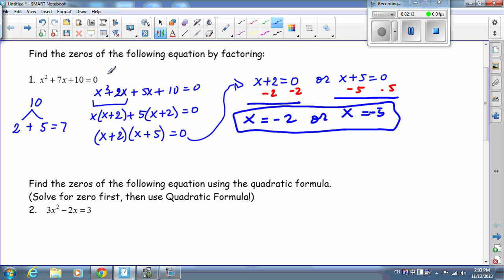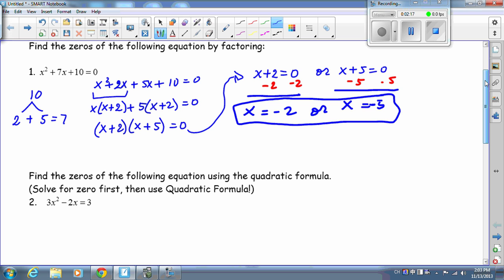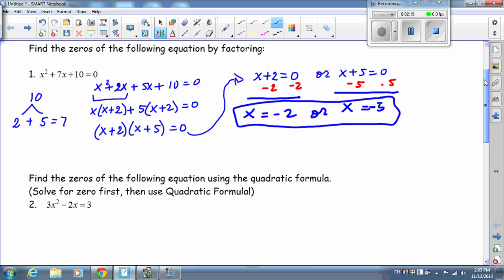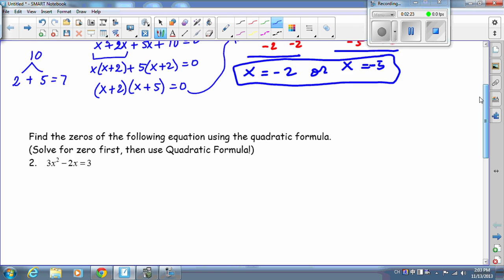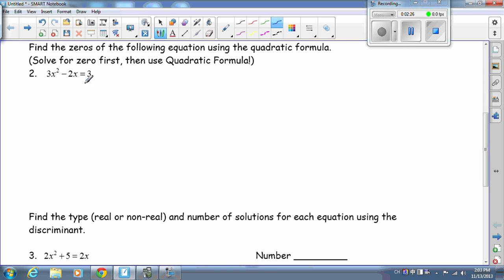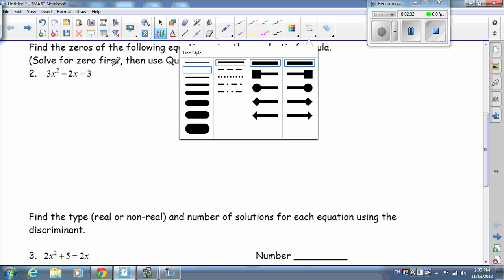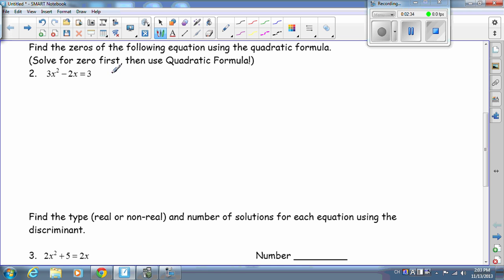Once again, this is solving by factoring. What we learned yesterday, or I should say last Friday, was how to solve using the quadratic formula. So let's go ahead and use our quadratic formula here. But before you can use your quadratic formula, you should rewrite it in terms of the standard form, meaning 3x squared minus 2x.